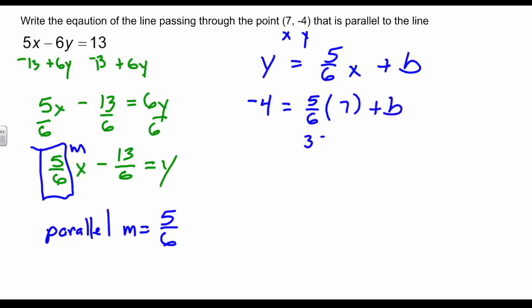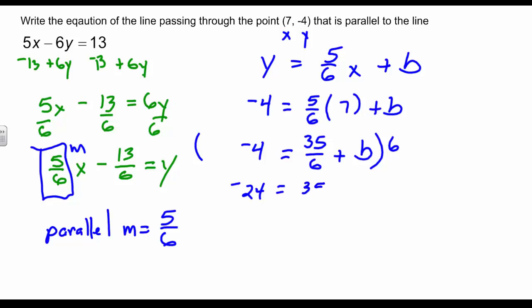I have 35 over 6 plus b is equal to negative 4. And in this case, I'm going to multiply by 6 on both sides and clear the fraction. This gives me negative 24 is equal to 35 plus 6b. To solve for b, I'll subtract 35 from both sides. This gives me negative 59 is equal to 6b.